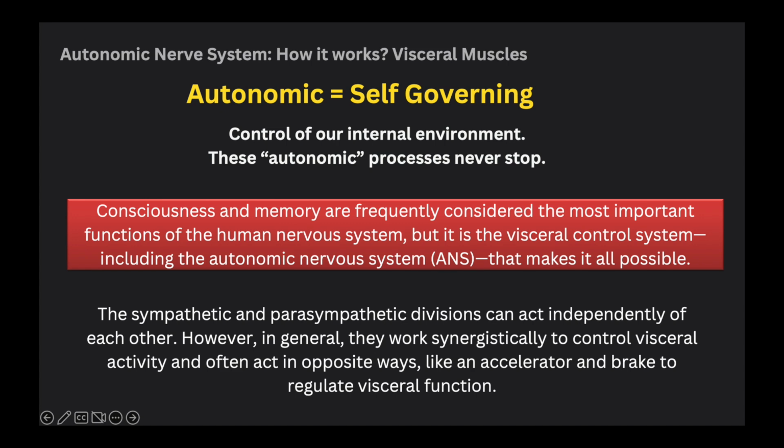However, you must understand that for a normal person, for a normal situation in general, they work synergistically to control visceral activity, though they often work in opposite way. They are exactly like accelerator and brake of the car. Both have to work in synchrony, though they work in opposite way for normal functioning of a human body.